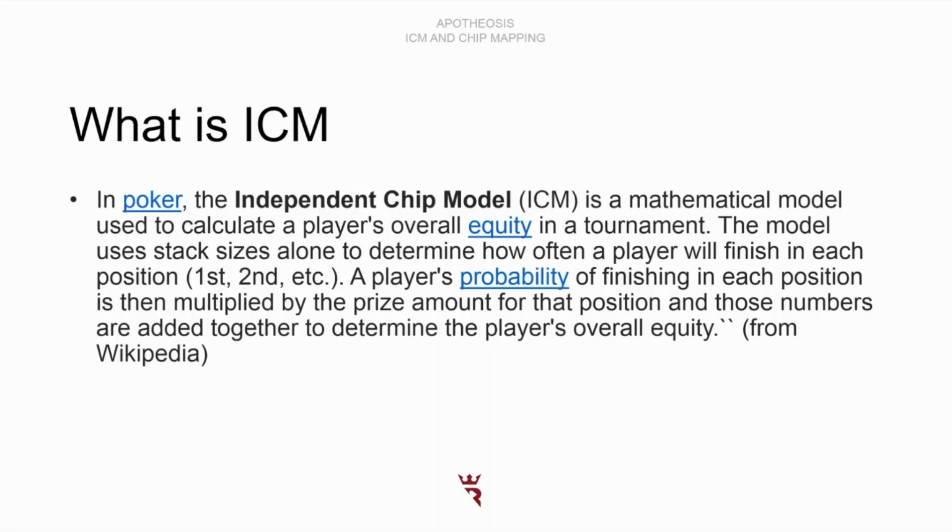So we're going to use a model to determine how often our stack finishes in each of the paying positions, and then multiply how often we finish in that position by the prize of that position, and sum each of those together. That gives us the total value of our stack, based on how often we finish in each position that pays. So that's essentially what ICM is saying.